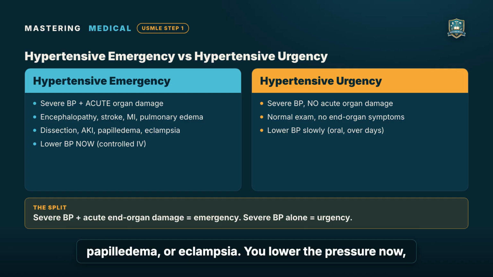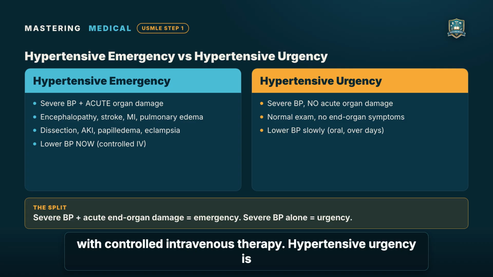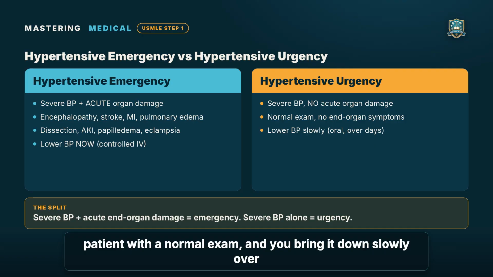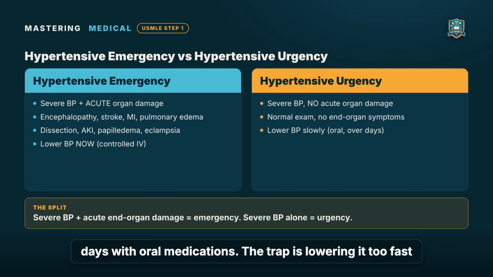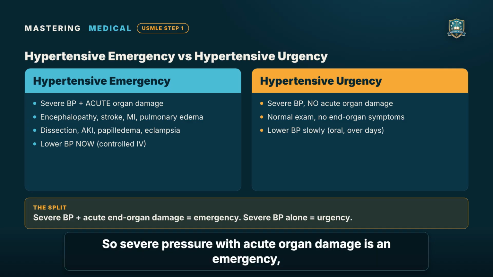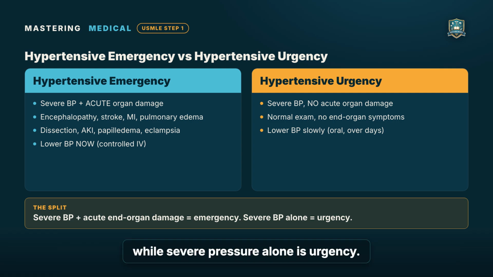You lower the pressure now with controlled intravenous therapy. Hypertensive urgency is the same severe number but without acute organ damage, a well patient with a normal exam, and you bring it down slowly over days with oral medications. The trap is lowering it too fast when there is no emergency, which can cause ischemia. So severe pressure with acute organ damage is an emergency, while severe pressure alone is urgency.